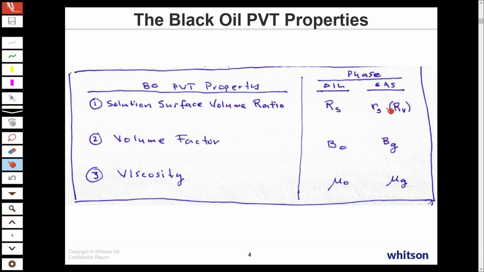The second property is a volume factor, sometimes called formation volume factor, but in our case, we're going to look at black oil PVT properties that can be used, for example, in calculating pipe flow and pressure drops. And there we'd be talking about tubing volume factors, but the volume factor is represented by symbol capital B for the oil phase, BO, and for the gas phase, BG. Very familiar quantities to petroleum engineers. And then finally, we've got the phase viscosities, mu O and mu G. These are the 6 pressure-dependent properties.